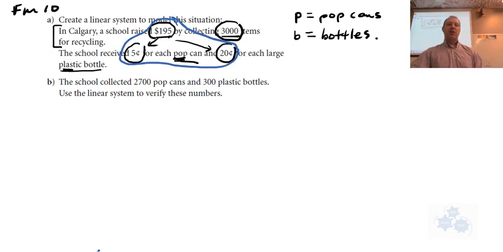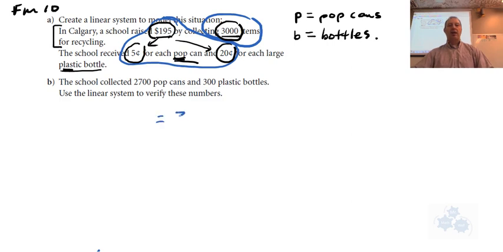The money stuff all goes together in one equation, and then the other equation is simply the number of items. So how would I write an equation if I want to say that in total the kids collected 3,000 pop cans and bottles? What would that equation look like? Anybody want to venture a guess? It's a very simple equation.